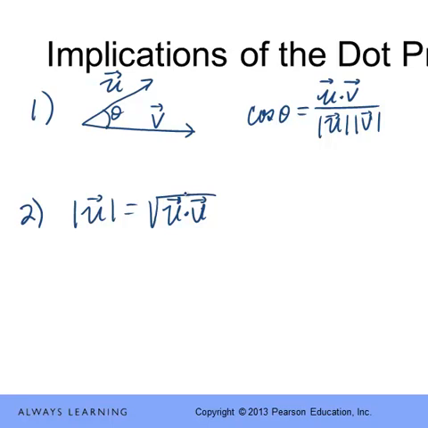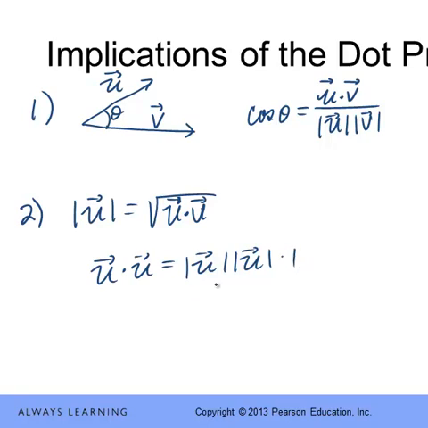Now, why should that be true? Vector u dotted with vector u will be magnitude u times magnitude u times the cosine of the angle between them. But cosine of 0 is 1. So this is 1 times 1.